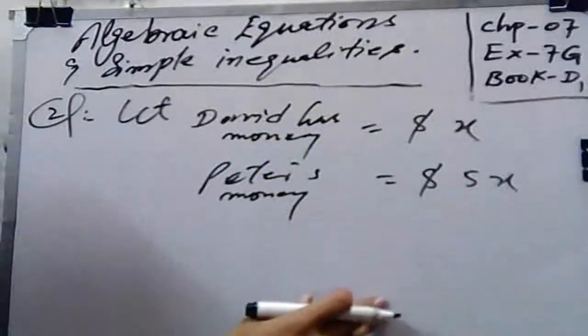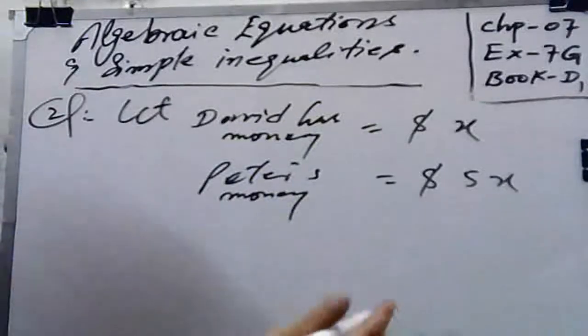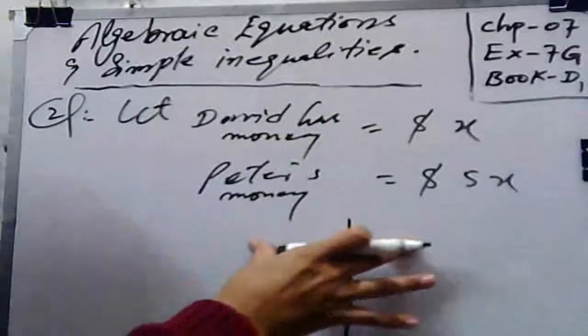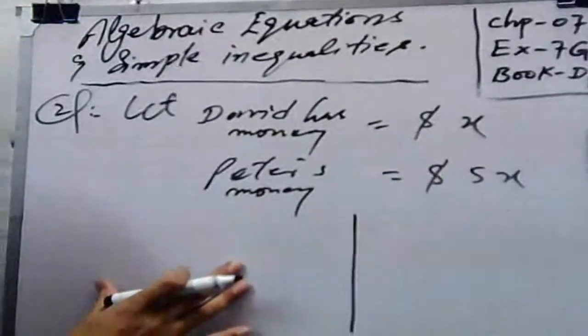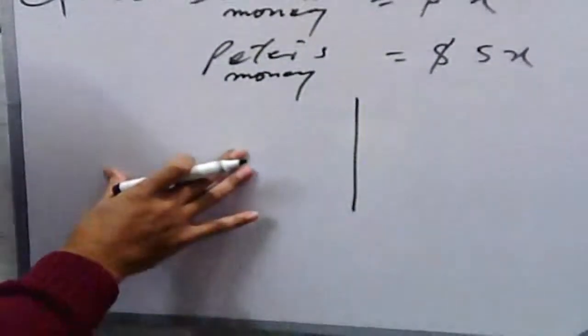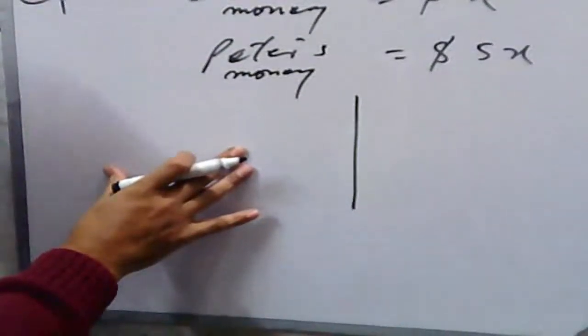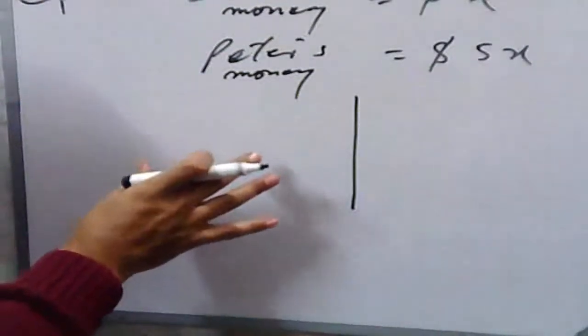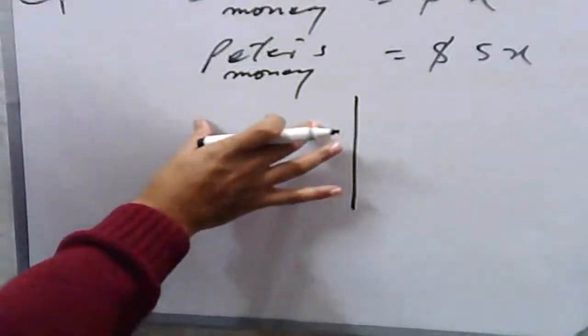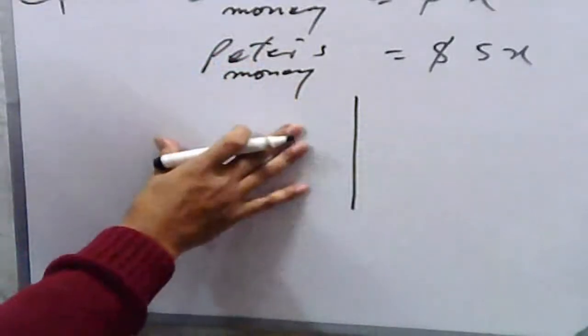Similarly, if Peter gives $28 to David, it means David has $28 more.